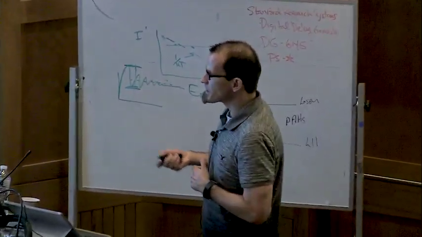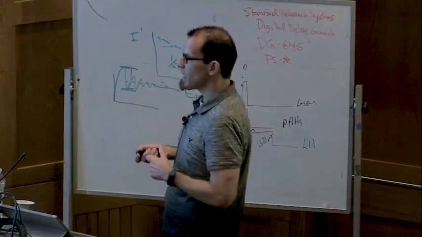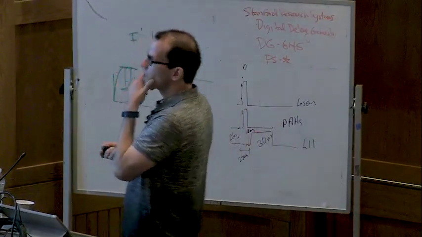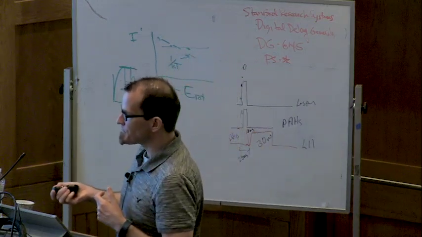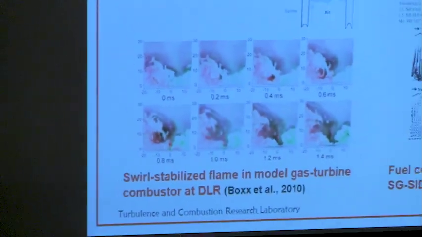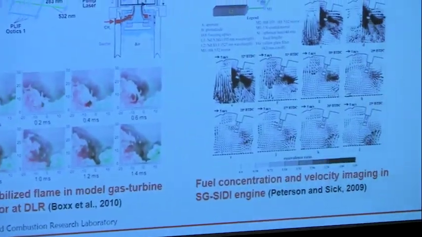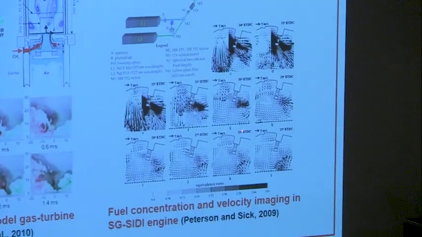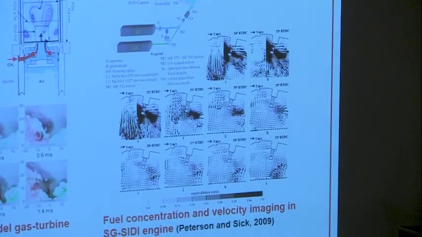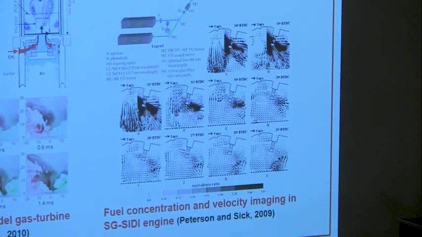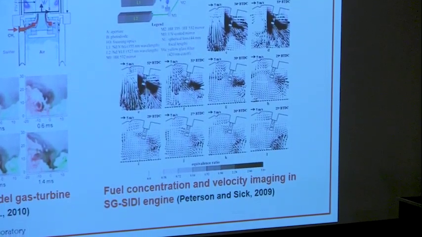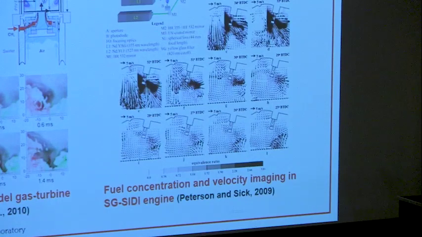I keep these in my slides even though they're now heading toward a decade old because they were some of the first, and they're really nice ones in challenging environments. A swirl-stabilized flame doing simultaneous high-speed PIV and OH PLIF to look at the interaction between the velocity field and the flame front, and work at Michigan done by Brian Peterson and Volker Sick looking at high-speed fuel concentration and its interaction with the velocity field.